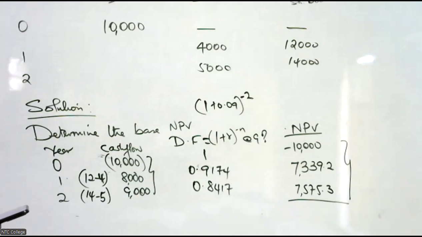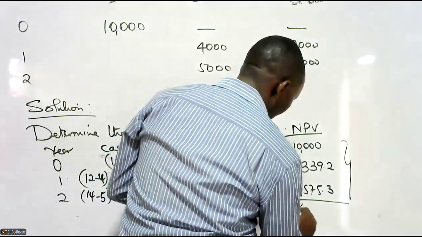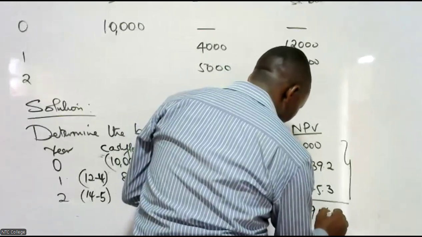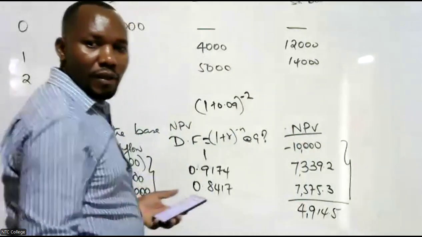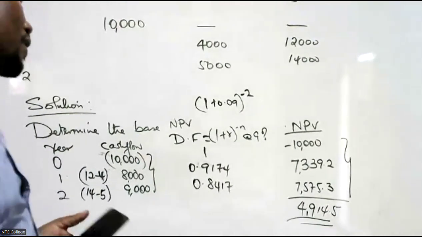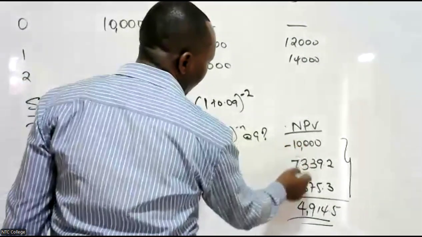Okay. Then the year two one gives 7,575.3, and when you add, you get 14,914.5. Now you minus the 10, because it is now NPV.